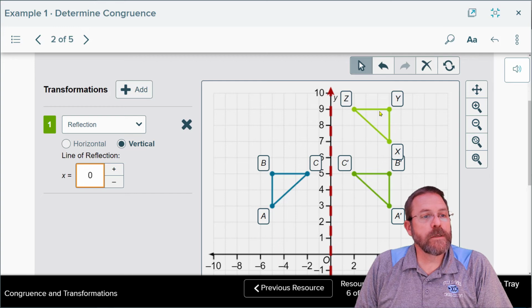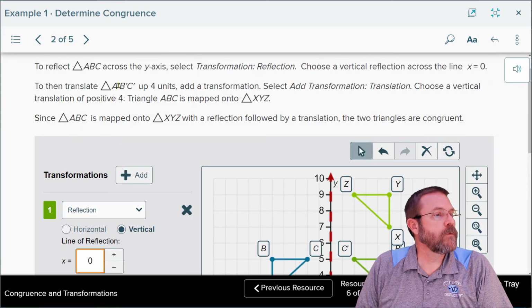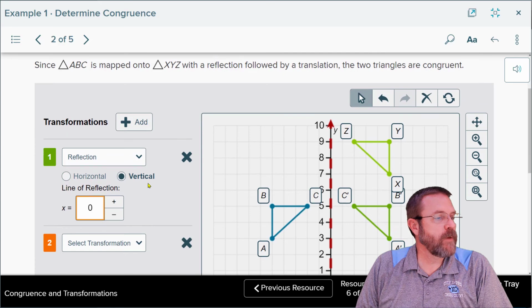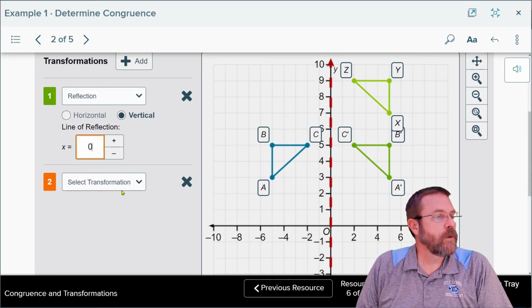From here, we just need to translate it up. We're going to translate triangle A prime, B prime, C prime up 4 units. We're going to click add a translation. So we've added our translation. The next thing we're going to do is choose a vertical translation with a value of 4.